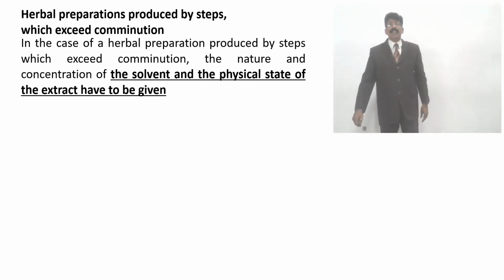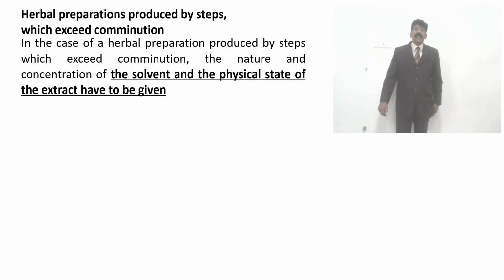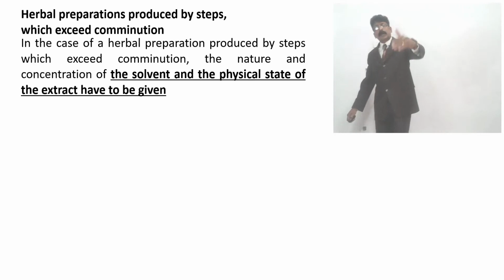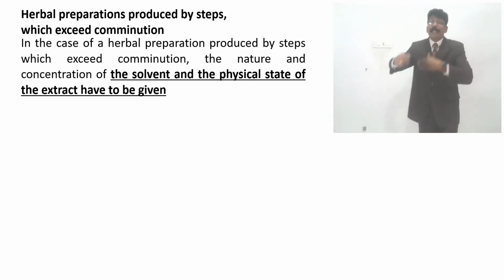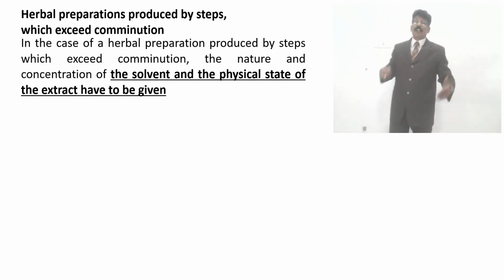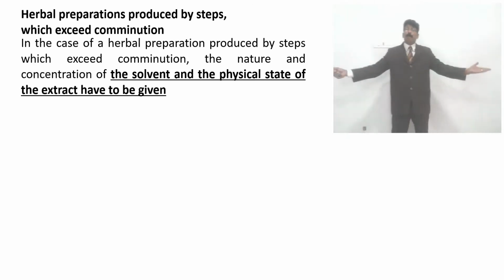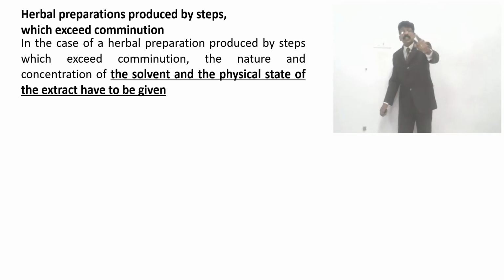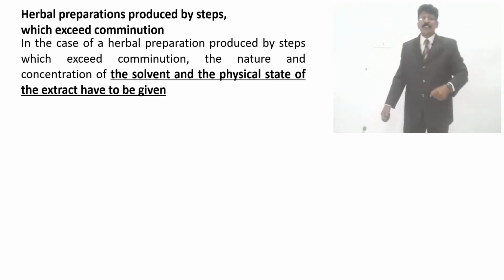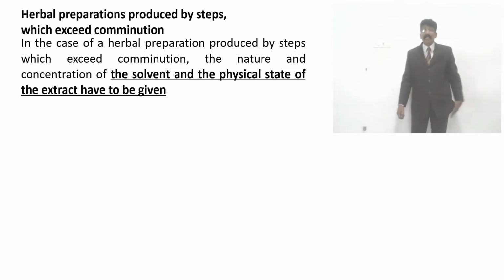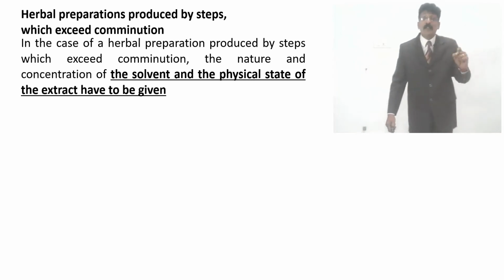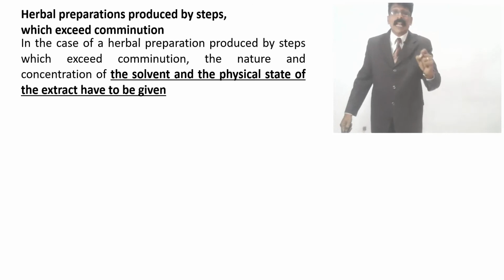For herbal preparations produced by steps which exceed comminution, that is, exceed size reduction and powdering methods, the nature and the concentration of the solvent and the physical state of the extract have to be given.